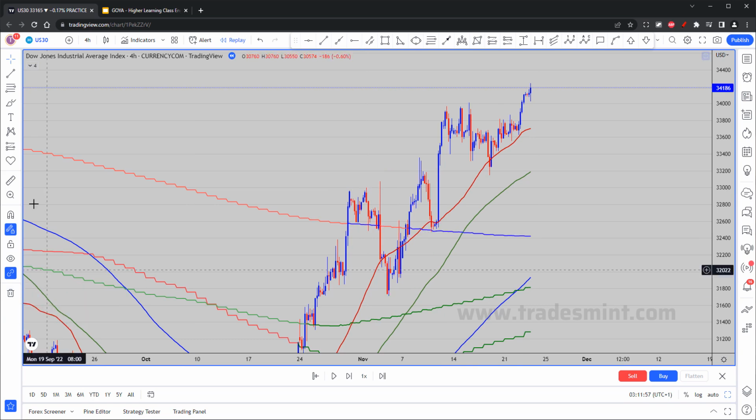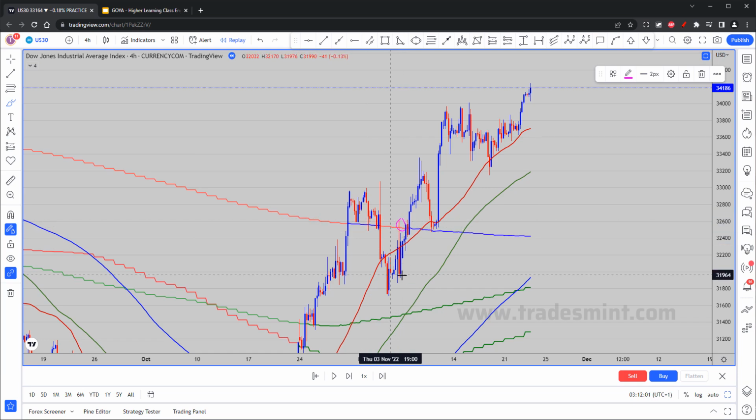So just to go back to the short I made here, as soon as we did not break this low over here, for me the trade is invalidated, okay? Because that's the small low. That's not even the larger low that is here on the 4 hour. This is the small low.